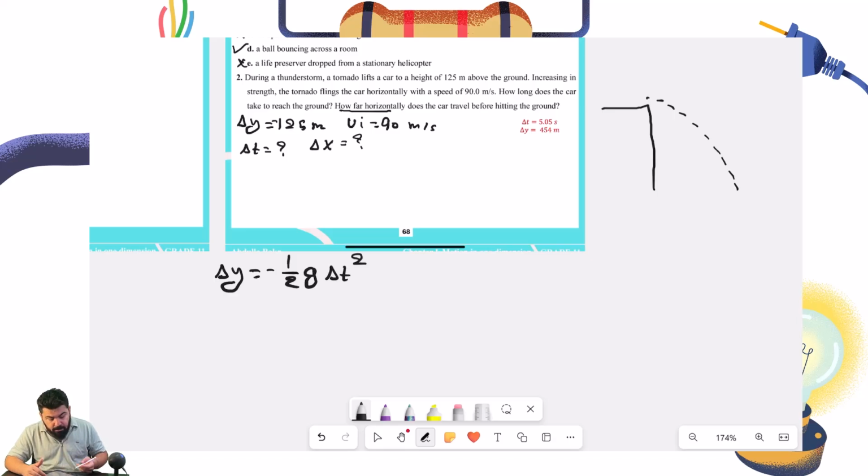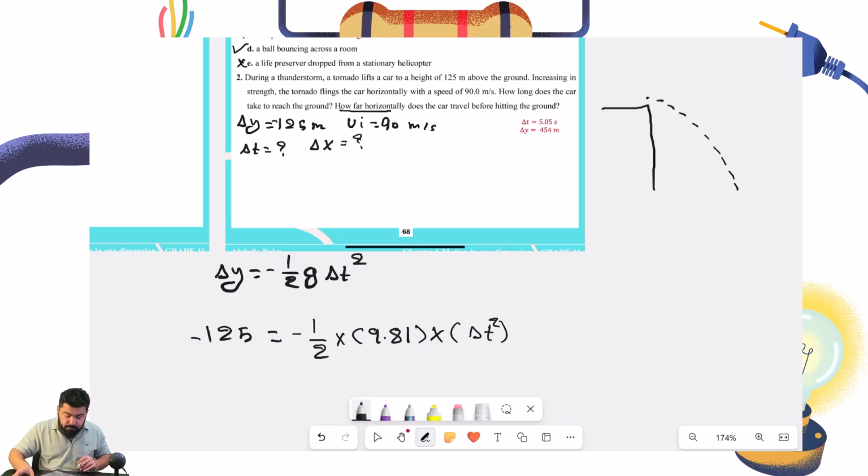Now delta y is equal to 125, and then I have negative 1/2 multiplied by 9.81. This negative comes from the 9.81. I already applied that. Delta t squared.